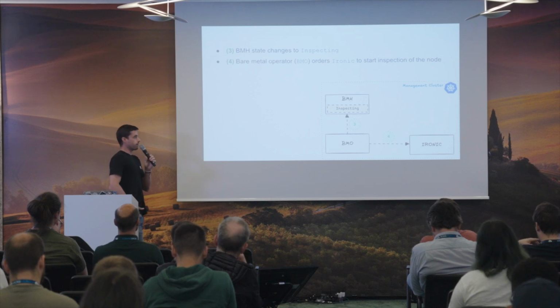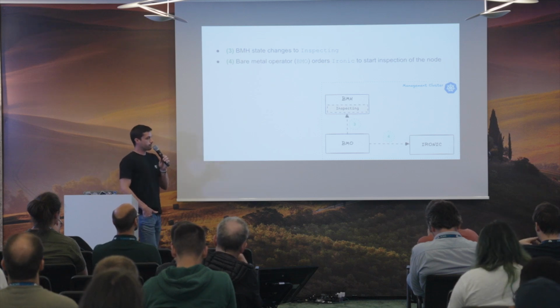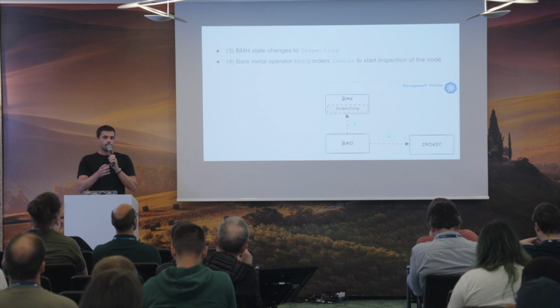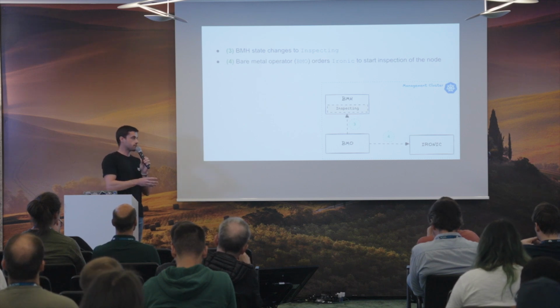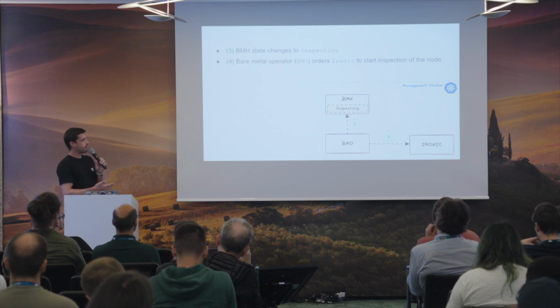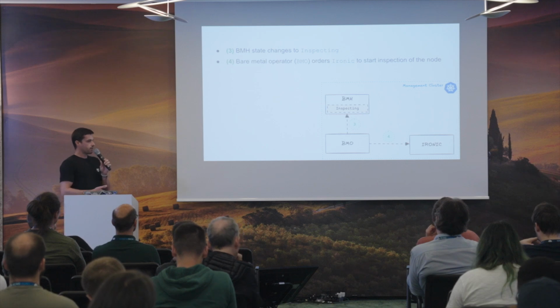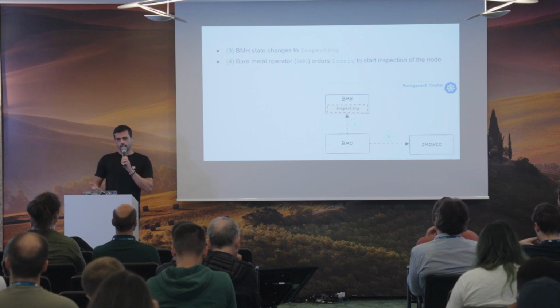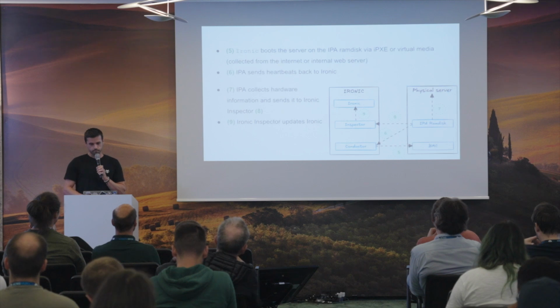From there, when the credentials are validated, we go to the inspection phase. In our BMH specification, we only had the bare minimum, just the IP and the credentials. Now we need to find out more about this server, so we go to inspecting and ask Ironic to do that for us.